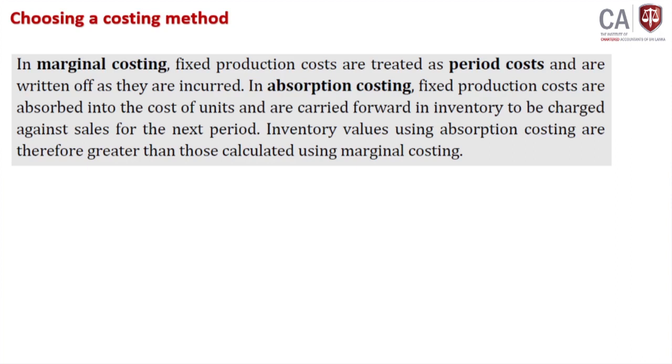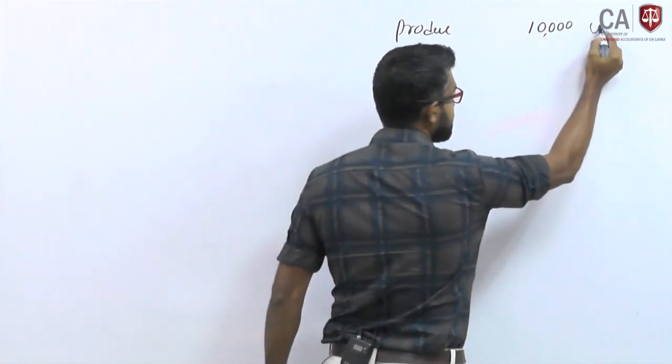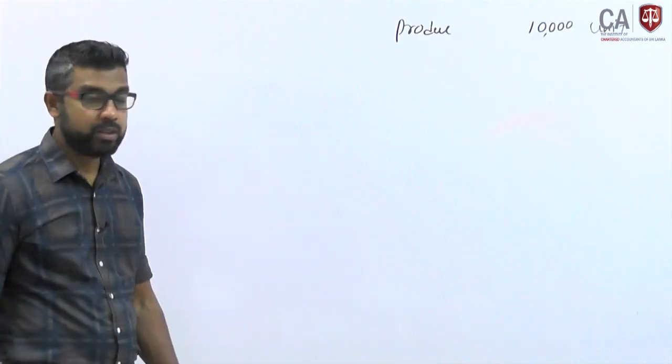Look at this example, right? Now, let us say you produce 10,000 units during the period.